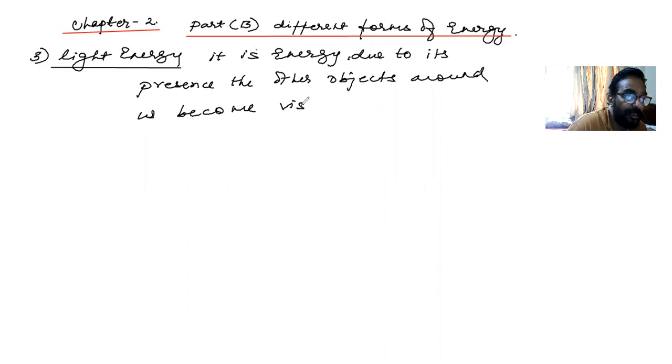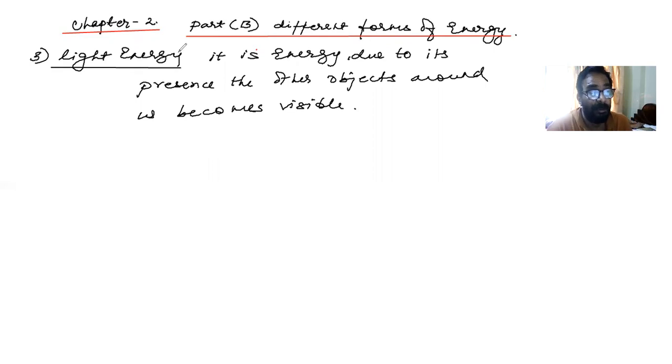If this light energy were not there, we would be literally like a blind person. Suppose we make a room totally dark, you will not be able to see any objects around you. So you can understand what is light energy.